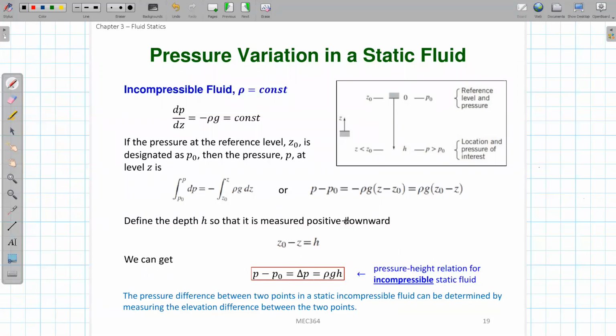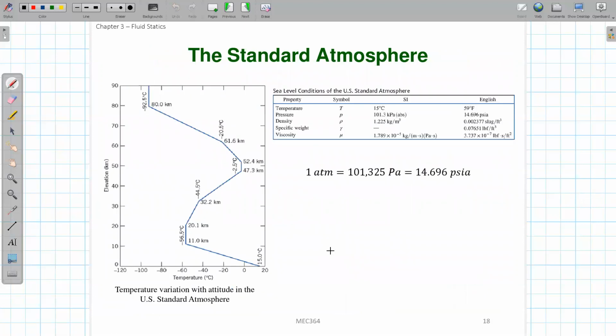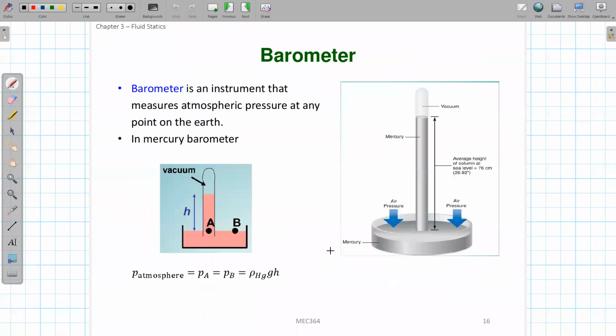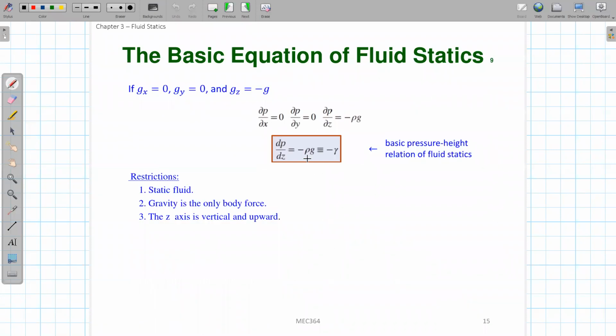If your fluid density is not constant, then we will not be able to use this equation anymore. We have to go back to our standard equation, dp/dz equals minus rho g. And this rho may be a function of temperature, a function of z or whatever. You need to put the variable rho here and integrate to find the pressure.